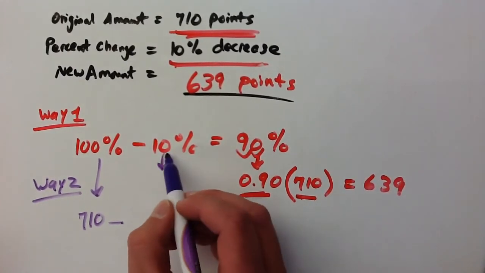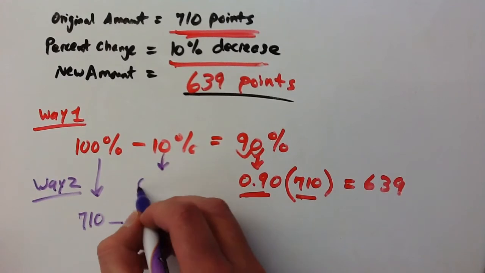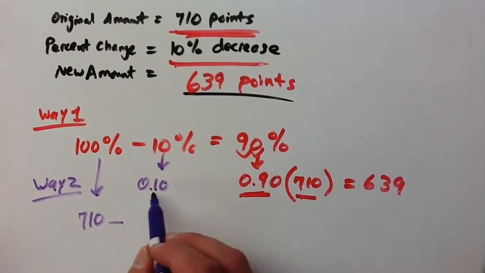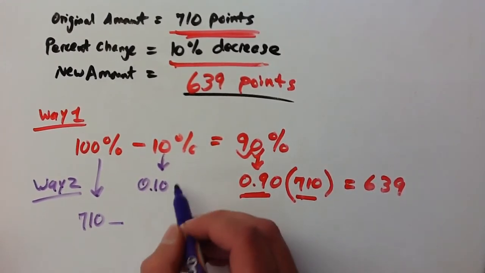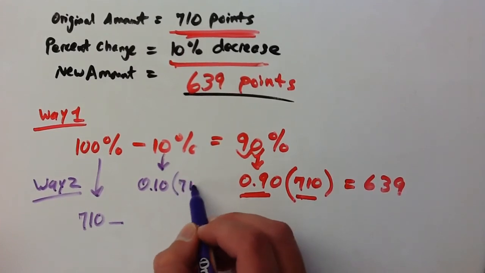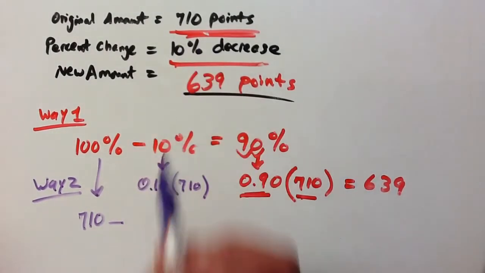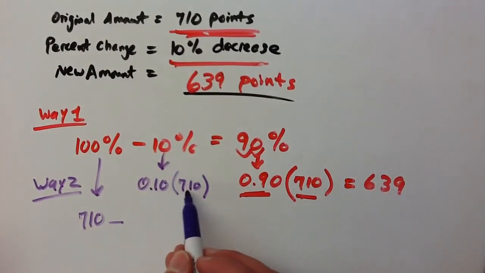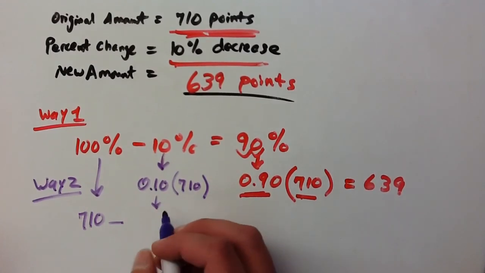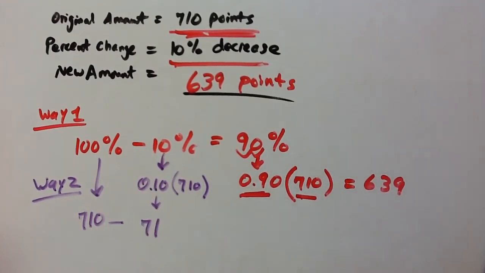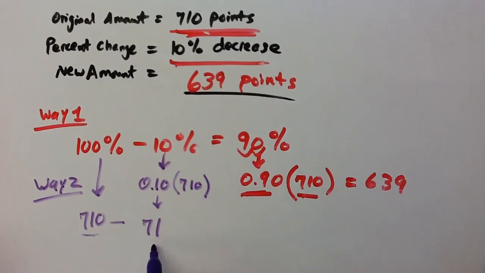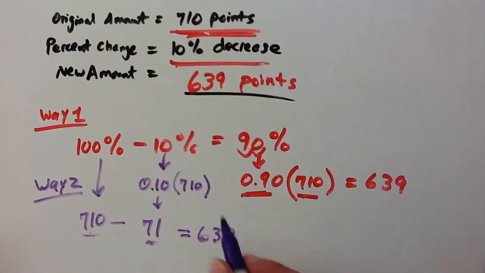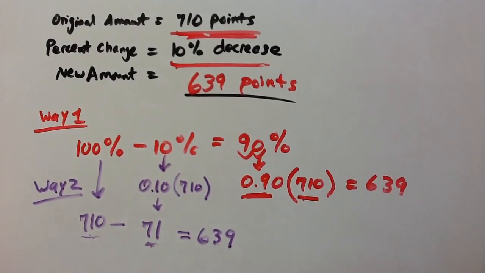Well, to find that, I would take 10% and write it as a decimal, which is 0.10. 10% times the original, which is 710. What is 0.10 times 710? That would be 71. All right, so you're starting with your original and you're taking away 10%, and 710 minus 71 is 639 points. That is our new amount.